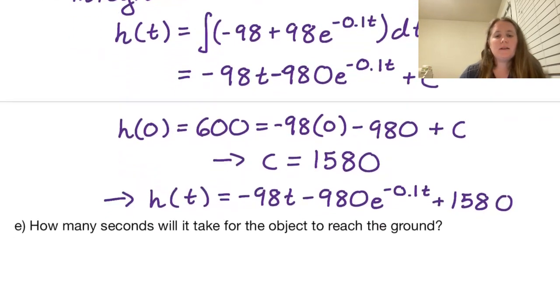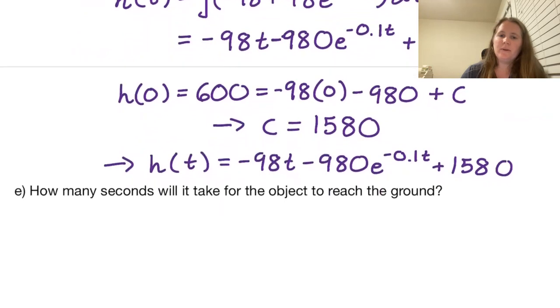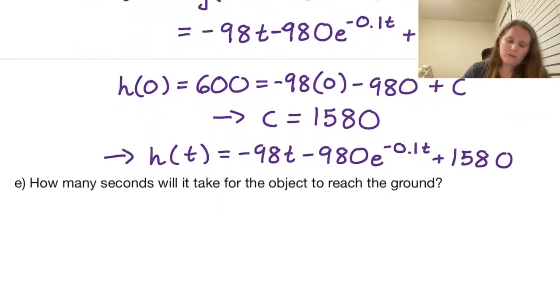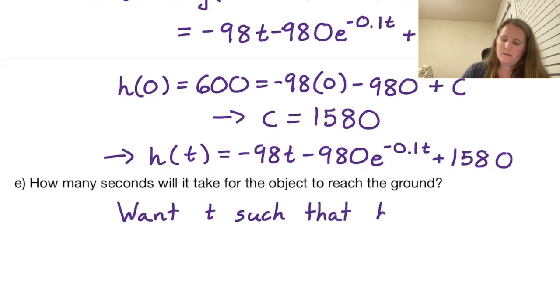Next question, how many seconds will it take for the object to reach the ground? We want t such that h of t equals 0.